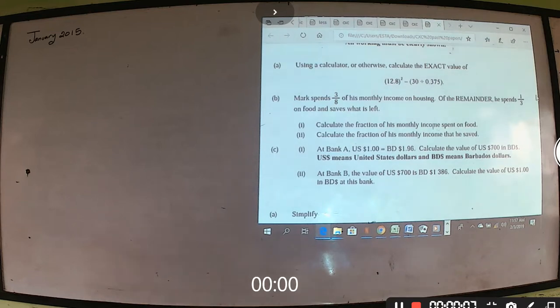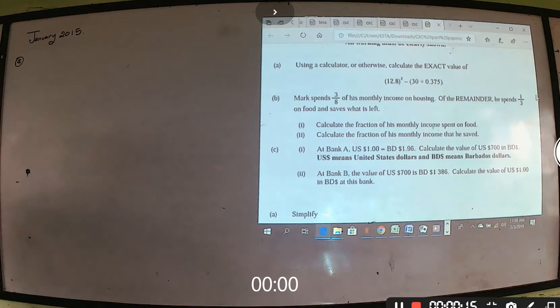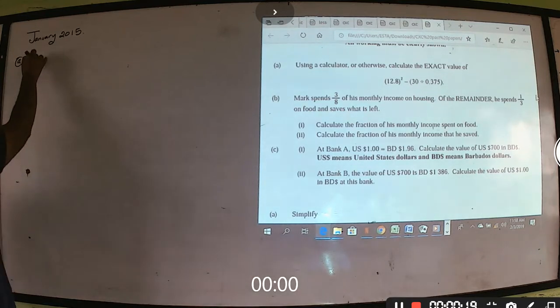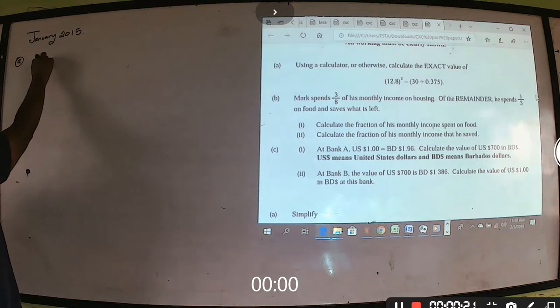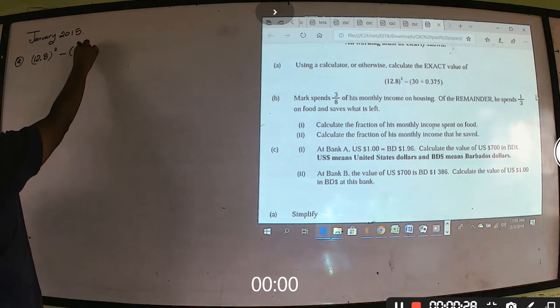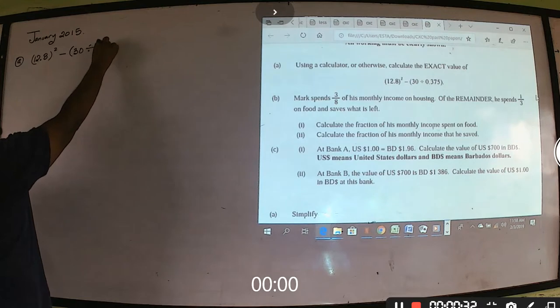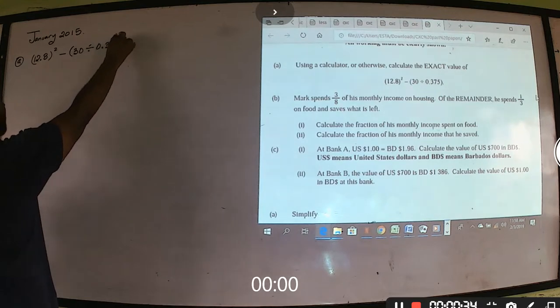This question is January 2015, and in part A we're asked, using a calculator or otherwise, to calculate the exact value of 12.8 squared minus 30 divided by 0.375.